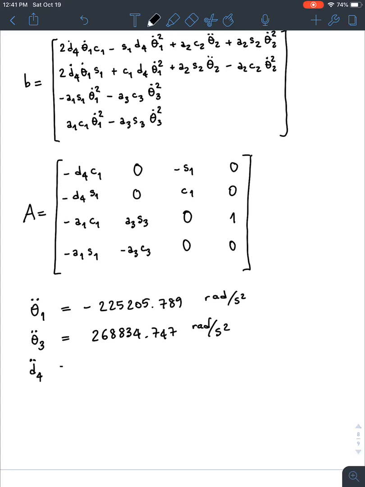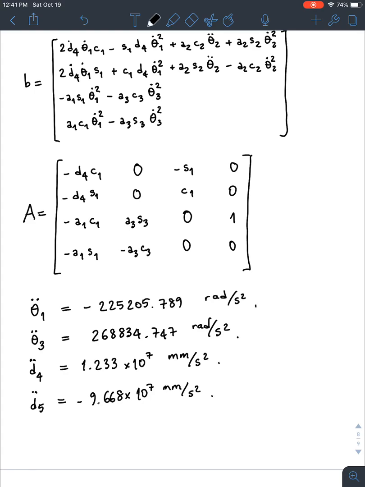D4 double dot comes out to be 1.23 times 10 to the 7 millimeters per second squared, and D5 double dot turns out to be minus 4.96068 times 10 to the 7 millimeters per second squared.